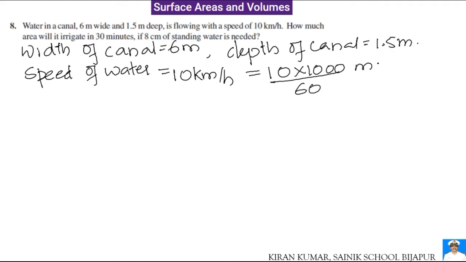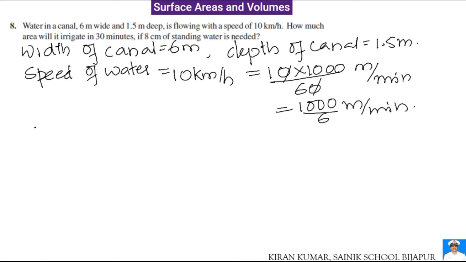So by 60 we'll get the unit as meter per minute. So one of the zero get cancelled. Let me keep this value as it is. It's 1000 upon 6 meter per minute. Something may get cancelled.